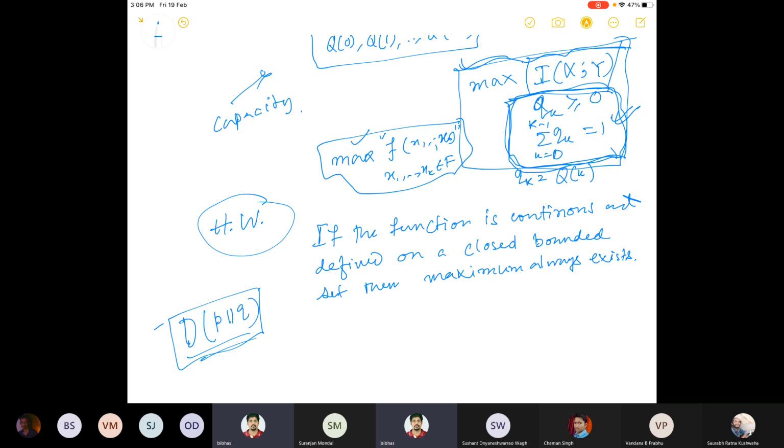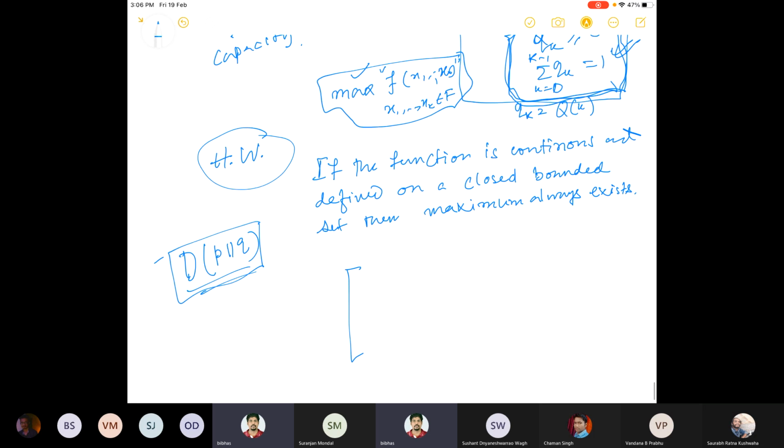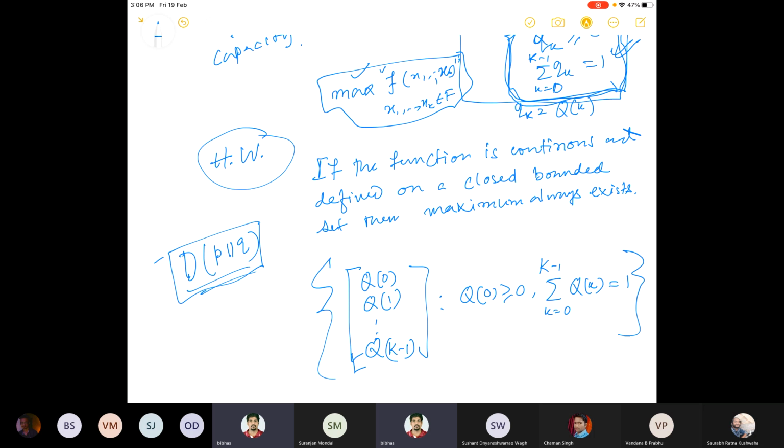So basically what we have is Q0, Q1, up to Qk minus 1, the probability vector, such that Qi is bigger or equal to 0 and the sum of Qi, for i equal to 0 to k minus 1, is equal to 1. This set is actually the domain of this function.